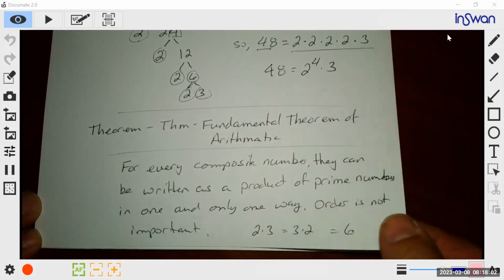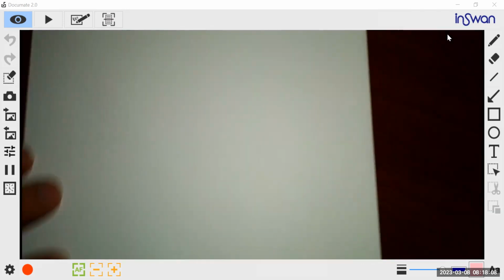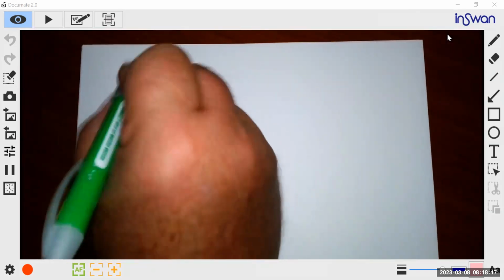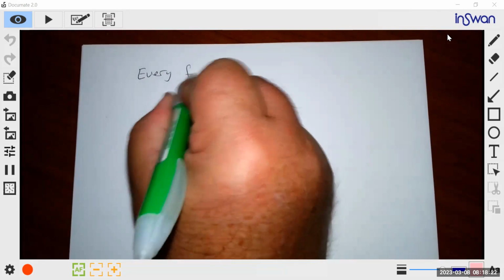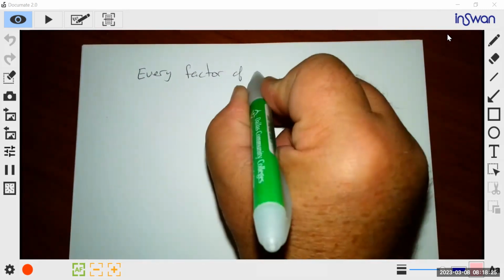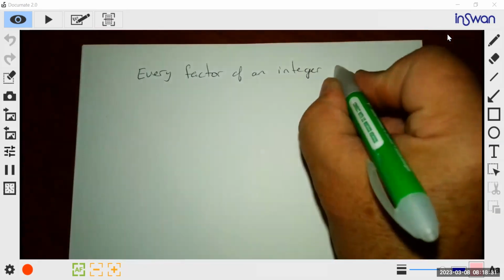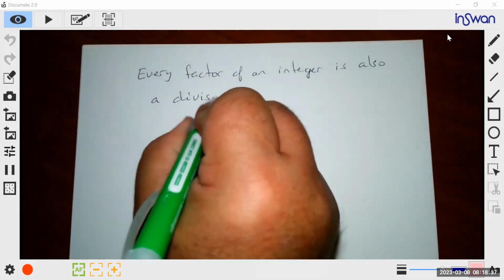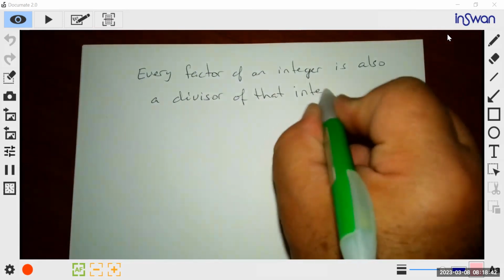All right, so that's the fundamental theorem of arithmetic, that we can break down any number into its prime number divisors. This next part, we're going to talk about how every factor of an integer is also a divisor of that integer.